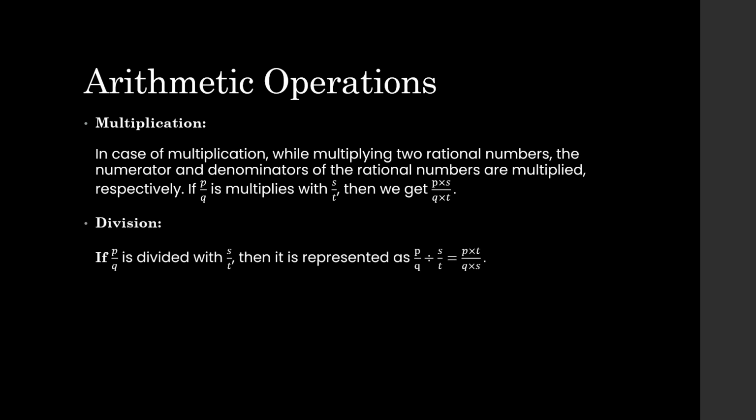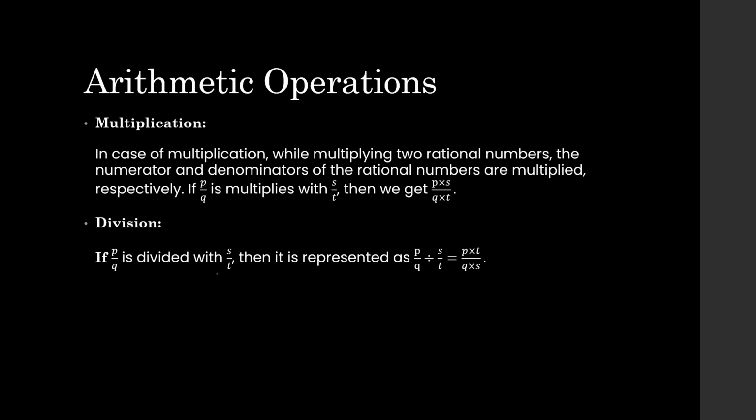For division, if p upon q is divided by s upon t, it is represented as p upon q divided by s upon t. Here, for the second fraction, which is s upon t, we take the reciprocal, and when we take the reciprocal, we change the division sign to a multiplication sign.